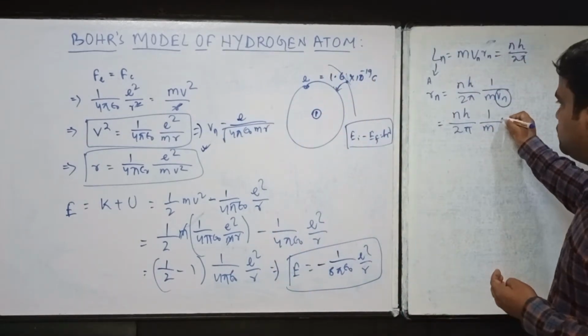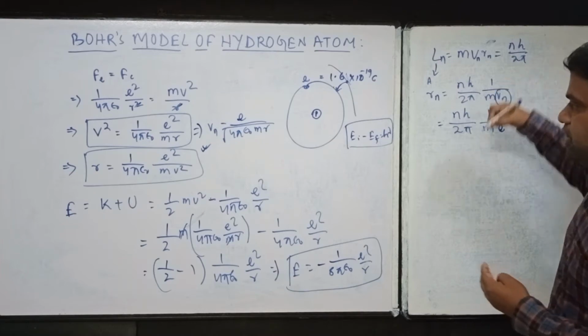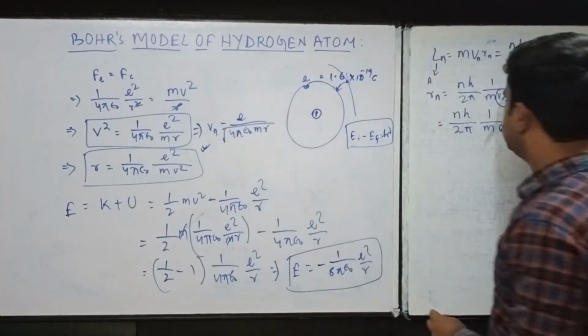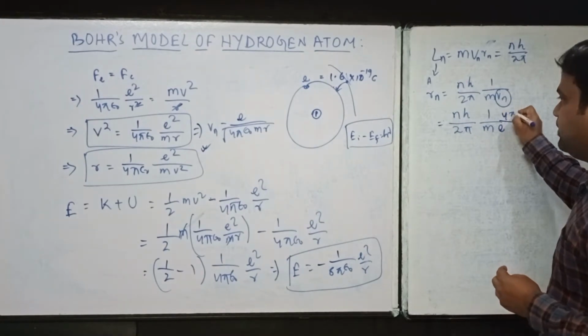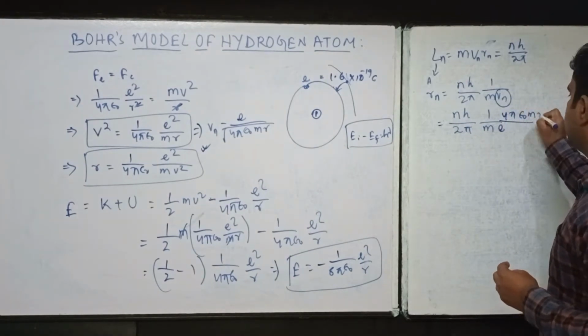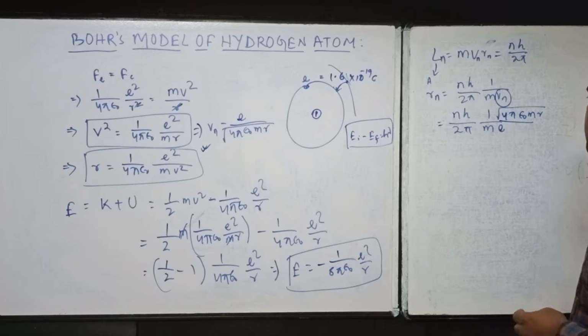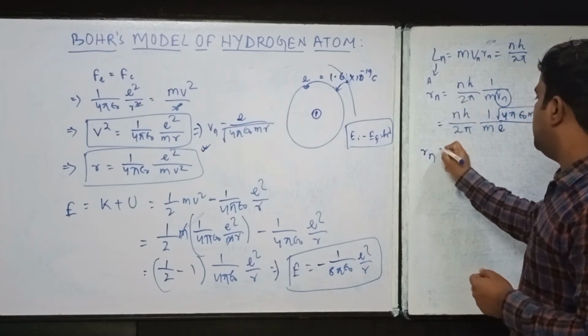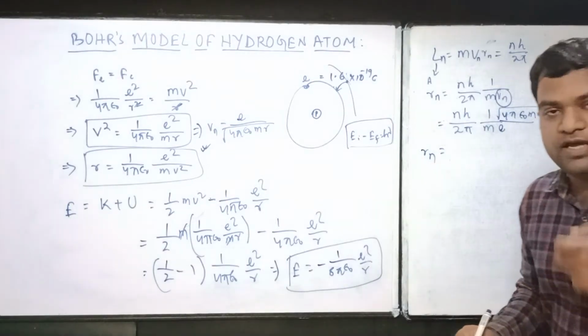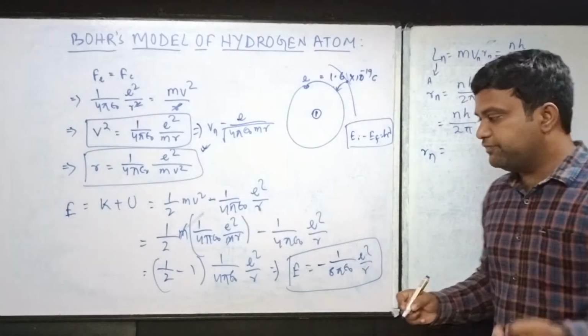So here e, and this one will go to the numerator because it's in the denominator, so root over 4 pi epsilon naught m Rn. So this is your Vn.